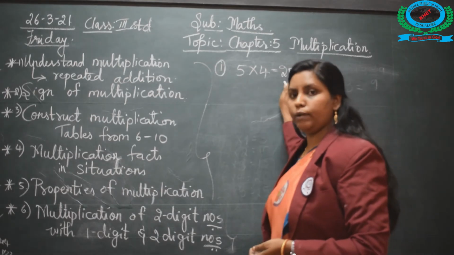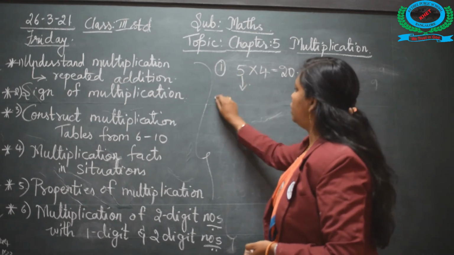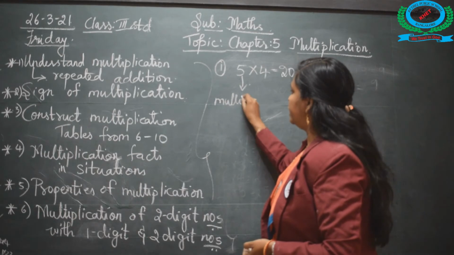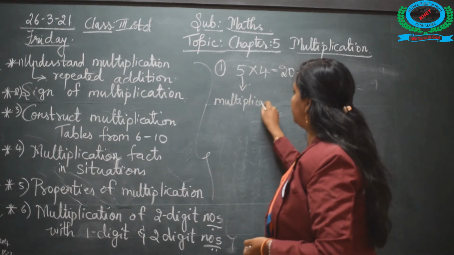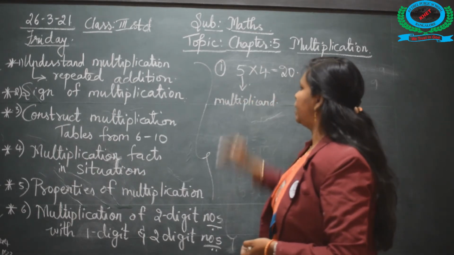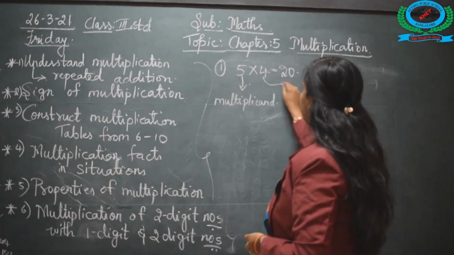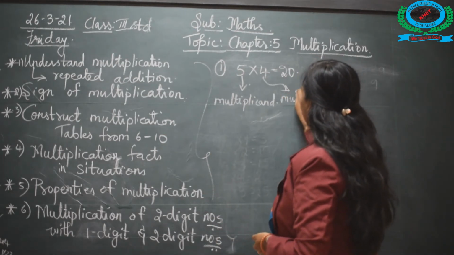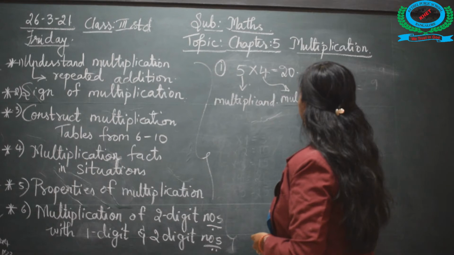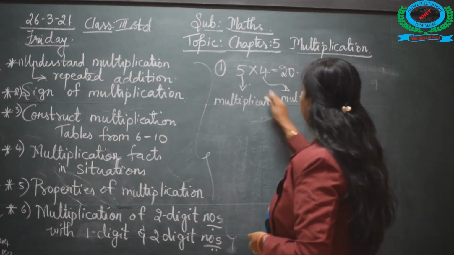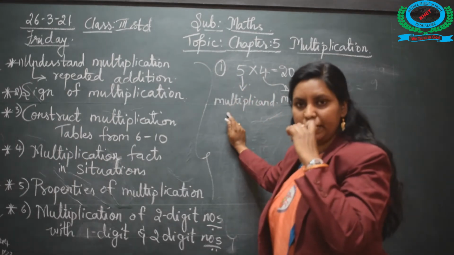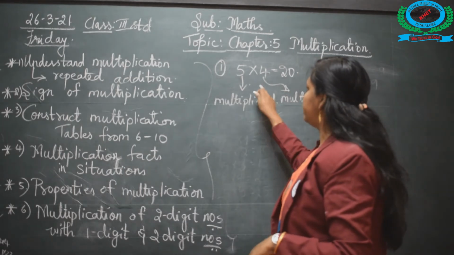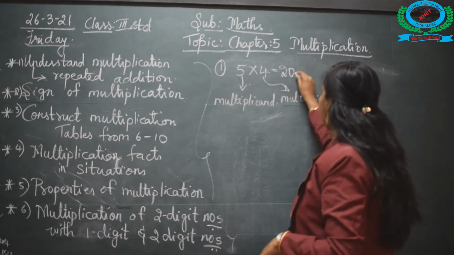5 fours are 20. So this is called the multiplicand, and this number is called the multiplier. Okay. The number which is multiplied is called the multiplicand. And the number to be multiplied is called the multiplier.